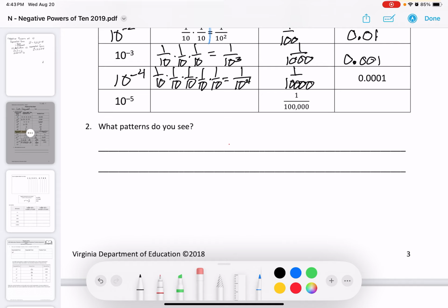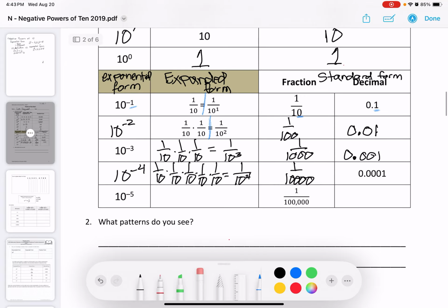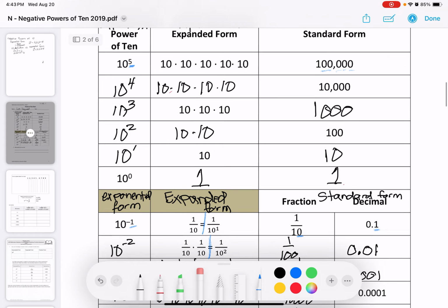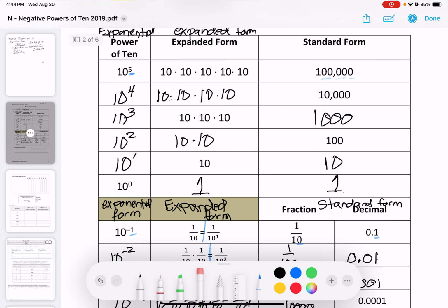That exponent will also tell you, if it's a negative exponent, it is 1 over, so since we have a negative 5, we have 5 zeros after the 1. But let's go up to the top where we have positive exponents. So we know that if we have a positive exponent, our number is going to be 1 or larger.